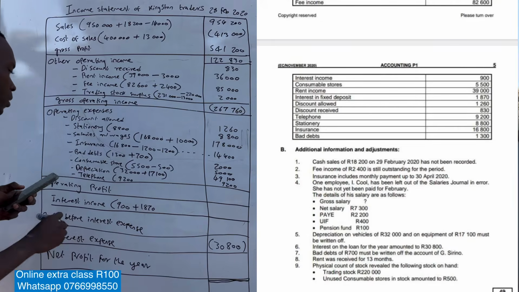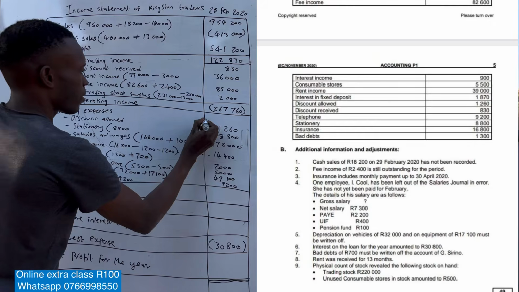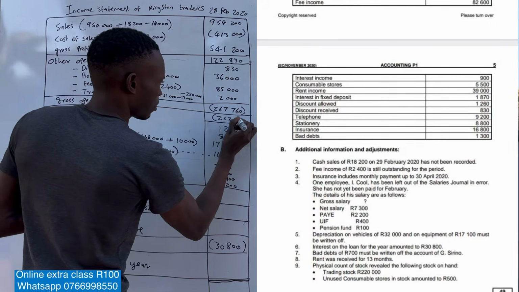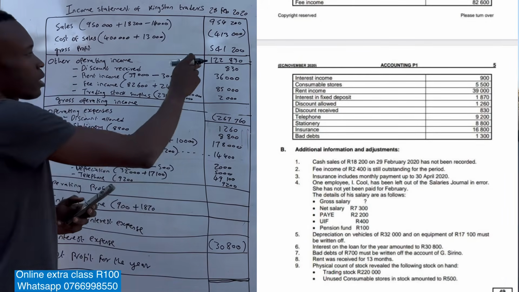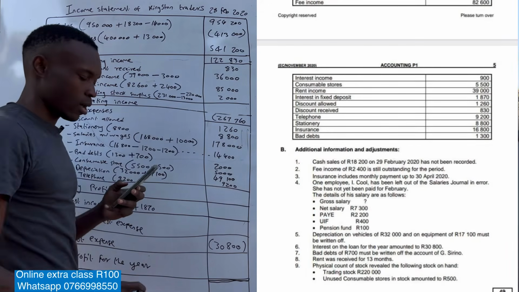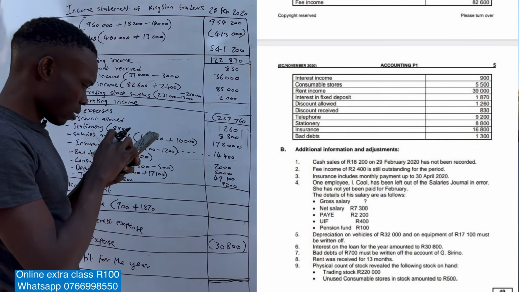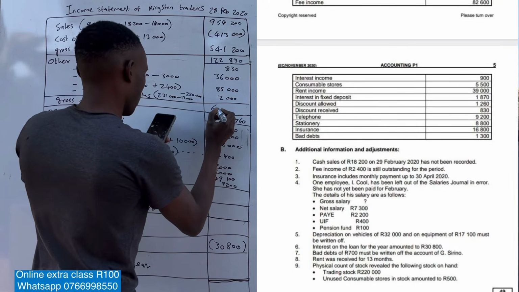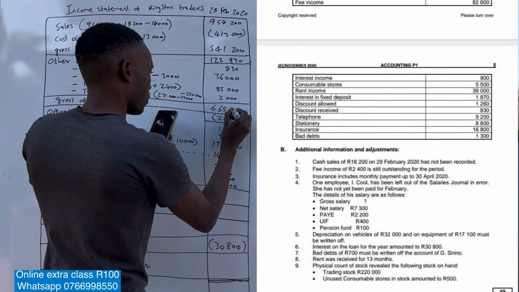Okay, then after that we have to determine, this one is operating expenses, 267,760, and this one is gross operating income, guys. You just need to add this one plus this one, which is going to give you, I already calculated it, let me check. It's gonna give you 665,030.